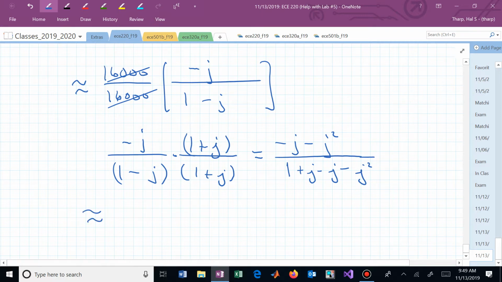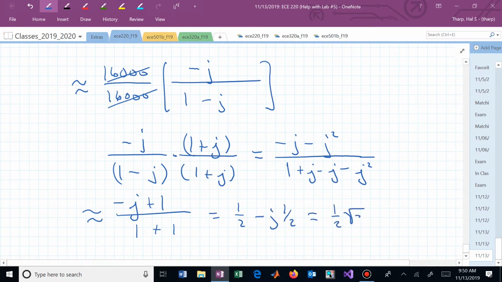Or what do we now have? Minus j plus 1 over 1 plus 1. We now have 1/2 minus j 1/2, or that's 1/2 square root of 2 at an angle of minus 45 degrees.